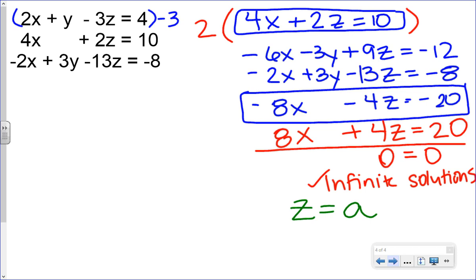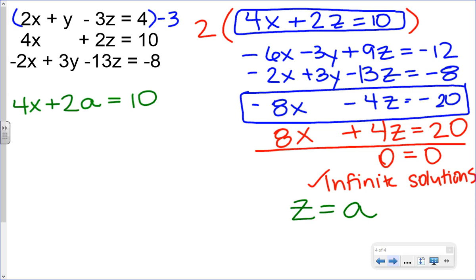If we go back up to this blue equation, 4x plus 2z equals 10, we would have 4x plus 2z, it's now A, equals 10.